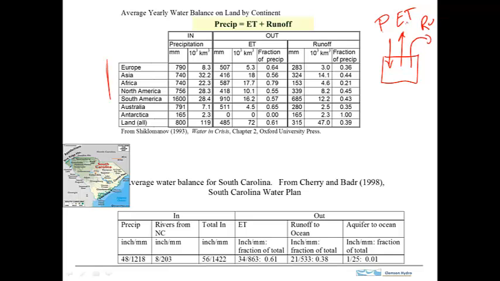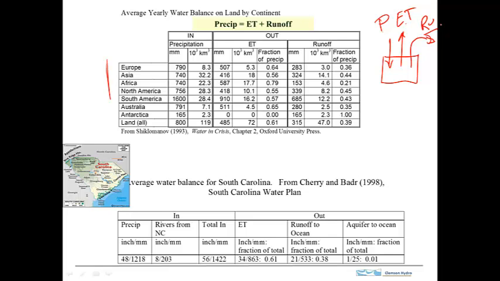Now, precipitation and ET are typically measured as volumetric fluxes distributed over the landscape area. Runoff, though, is the flow rate in streams and rivers, which is a way that water is leaving the continental landmass, and this is typically described as a volumetric flow rate.